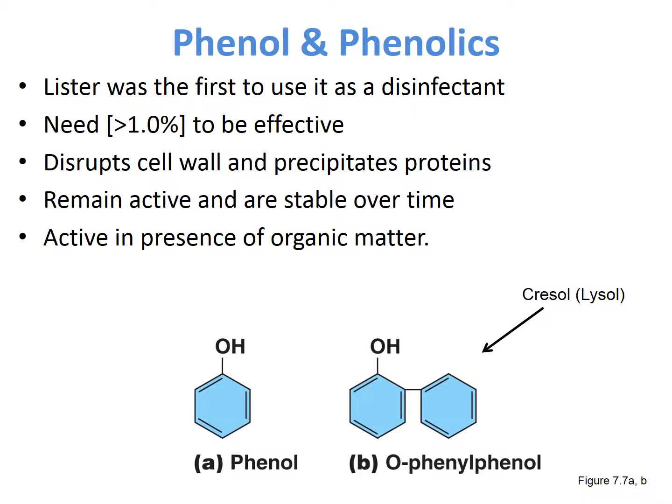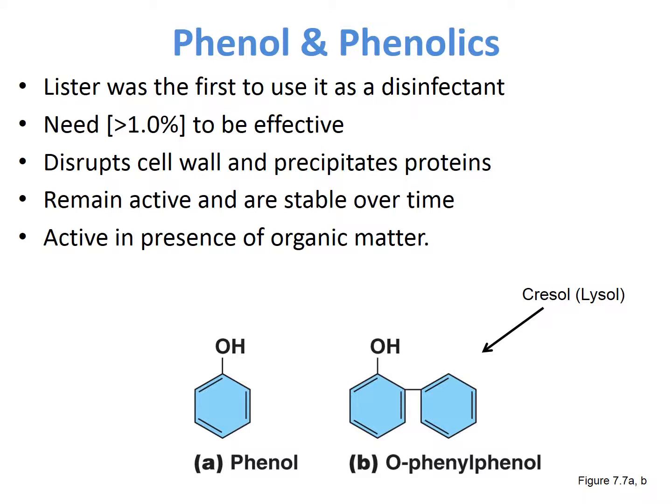If you look at the figures at the very bottom of this slide, you'll see that phenol is basically a benzene ring, which is very hydrophobic, plus one hydroxyl group, which is hydrophilic. This compound inserts itself into the cell wall and disrupts it. The chemical also has the ability to precipitate proteins. So that's your target and your mechanism.